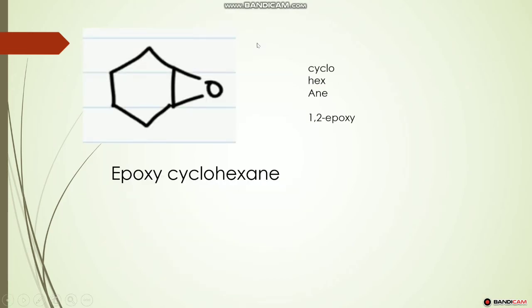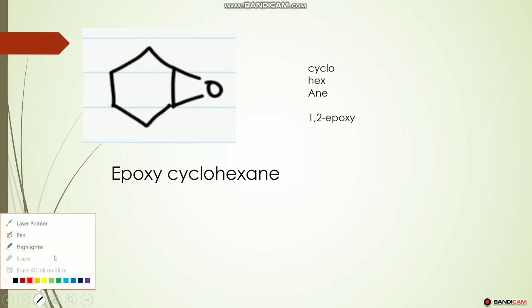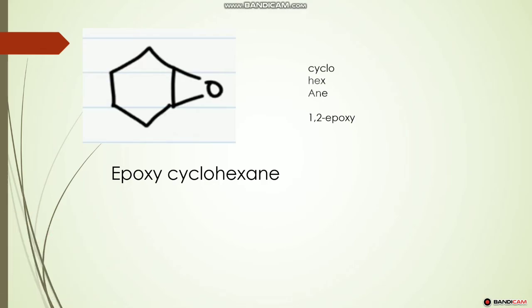When an epoxide shows up on a ring, just like this, we need to treat it the same way. In this case, the parent chain has 6 carbons. So we give the first name as hex and the last name as ane because it is a single bond.